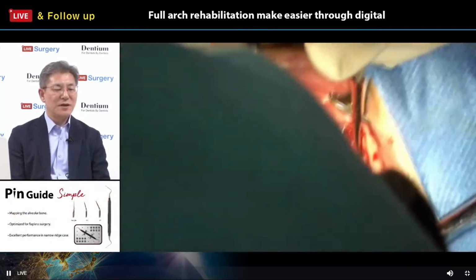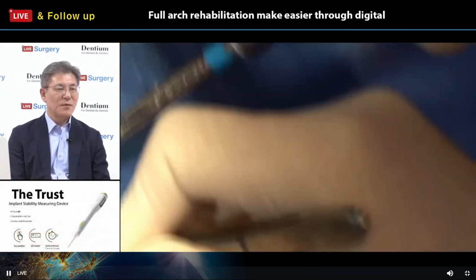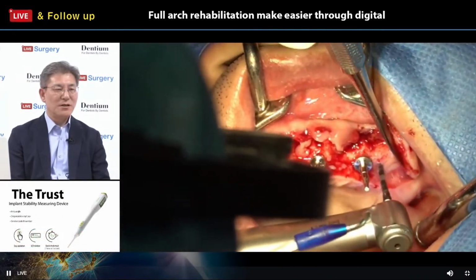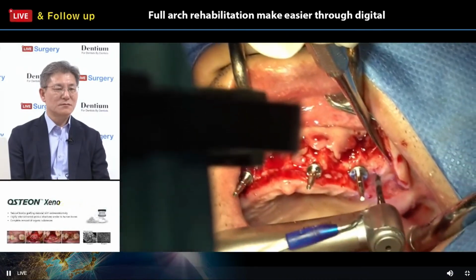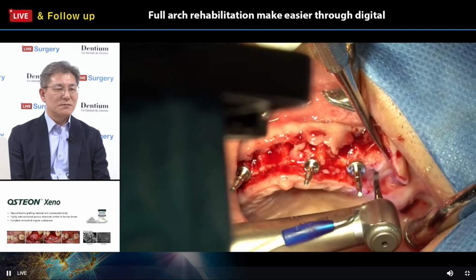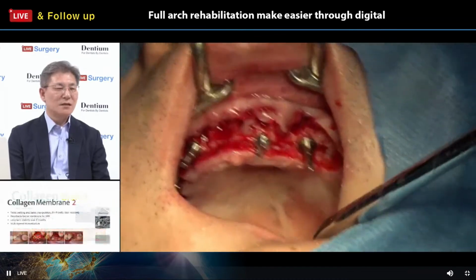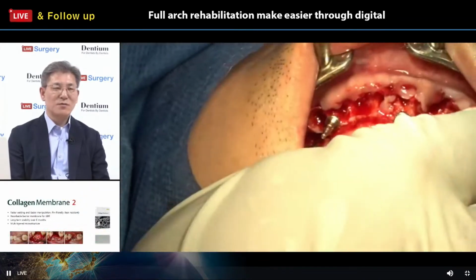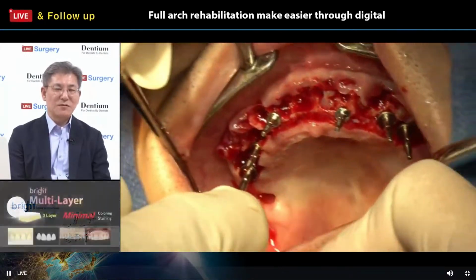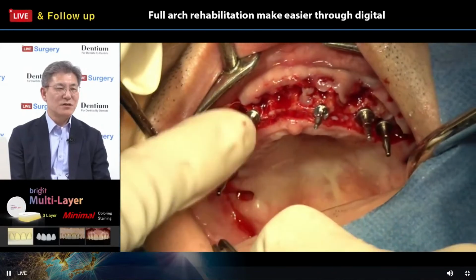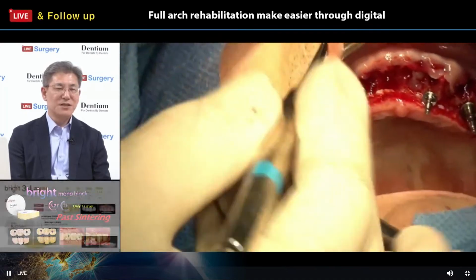And number 15 area is maybe the same, moving palatal from the labial initial drilling point. The palatal inclined implantation is better than the labial positioning because the labial alveolar bone is resorbed very fast after extraction. So we have to consider the bone resorption process after extraction.